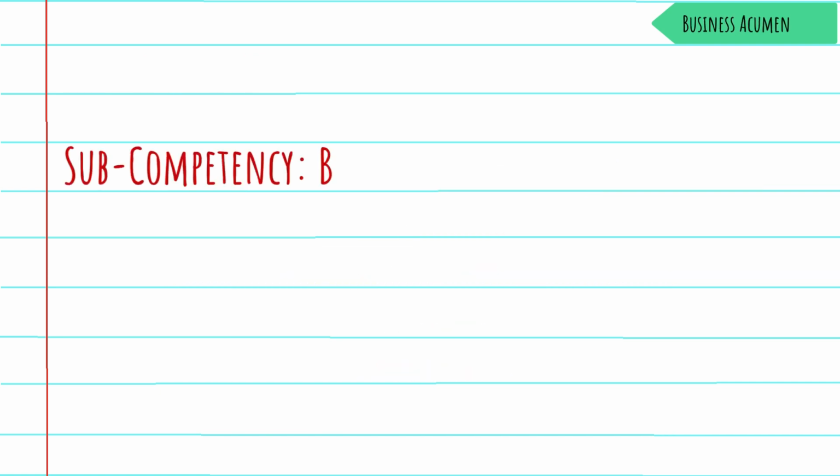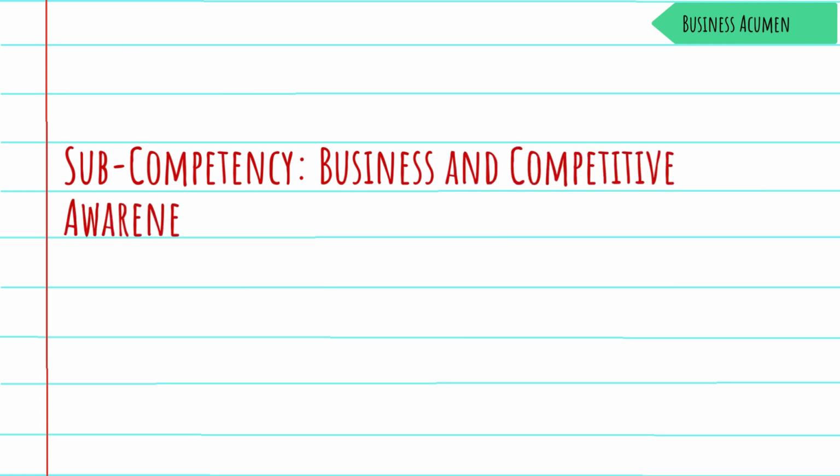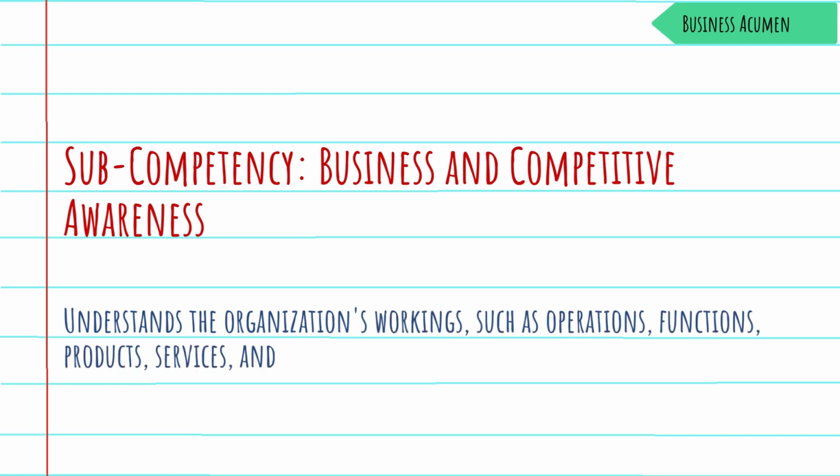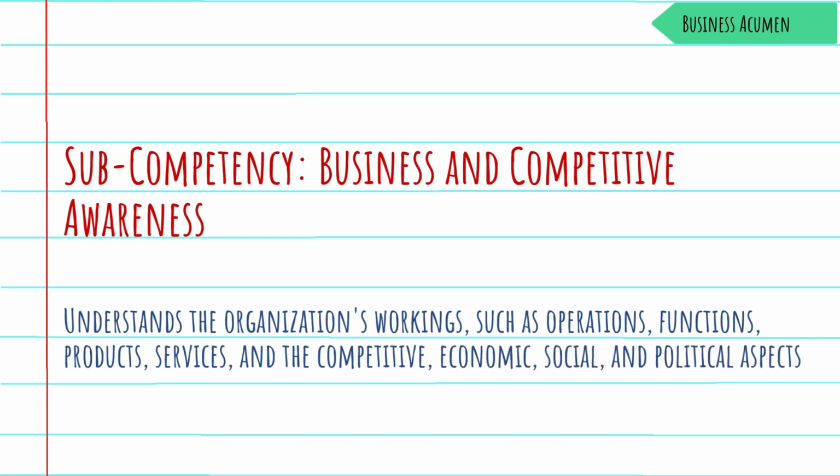The first subcompetency, business and competitive awareness, ensures professionals understand the organization's operations, functions, products, services, and the competitive, economic, social, and political aspects of the company.